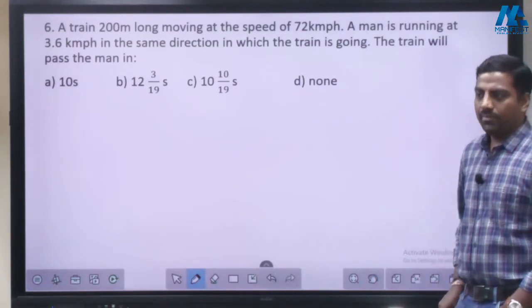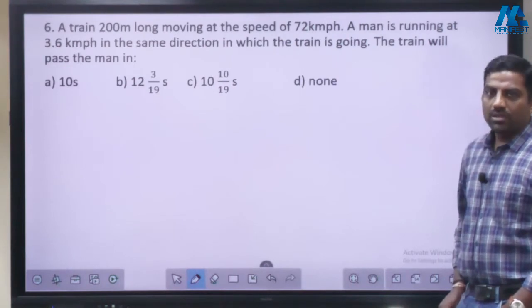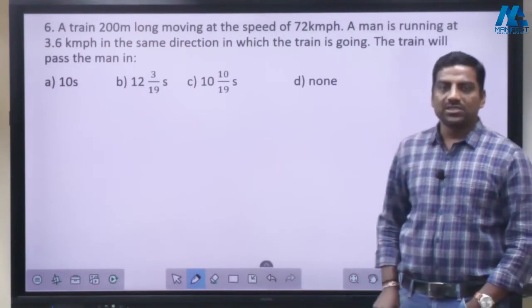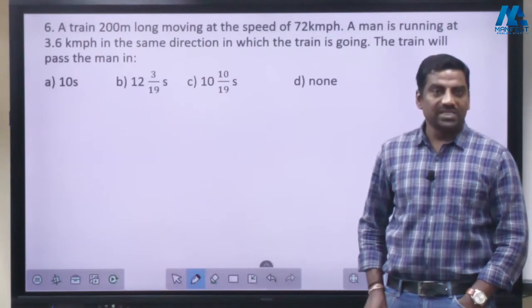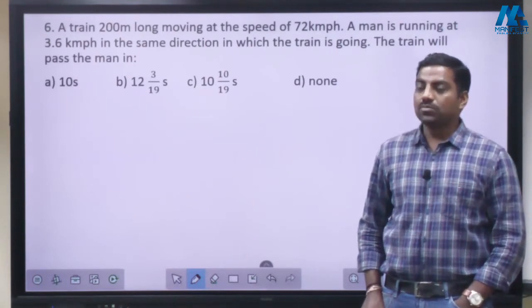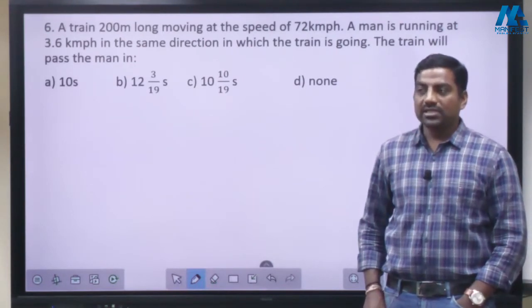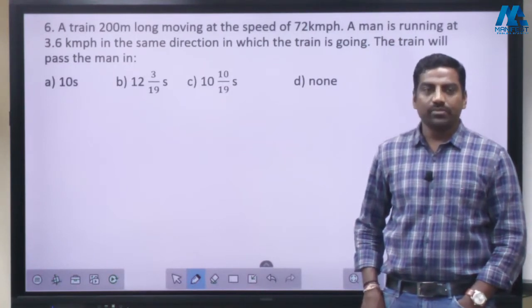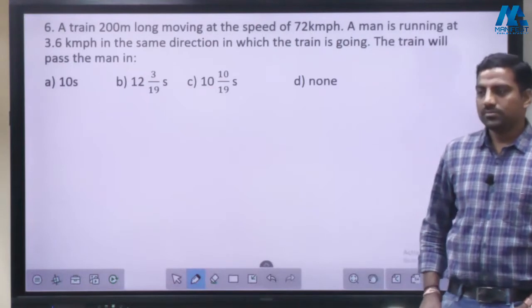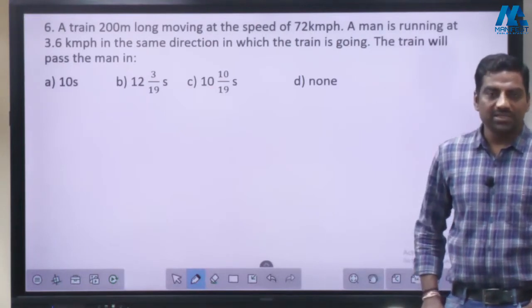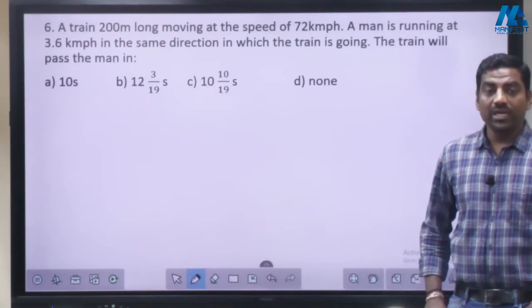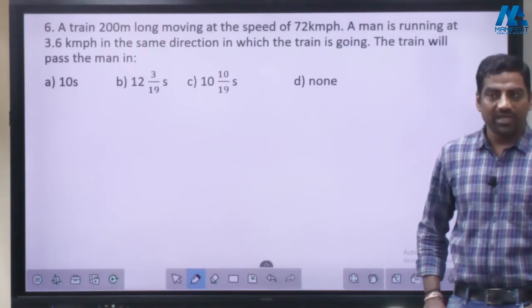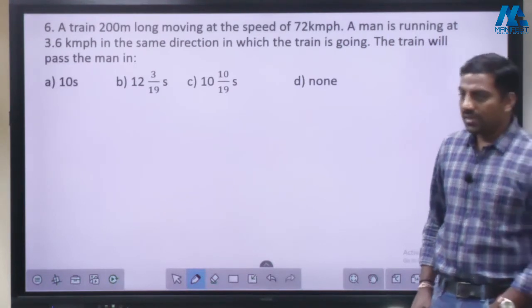So now tell me, generally, the train will take a certain time to cross a stationary man who is standing. If this man is moving in the same direction as the train, will it take more time or less time? Yes. If he was moving in the opposite direction, lesser time it would have taken. Yes, that sense should be there.